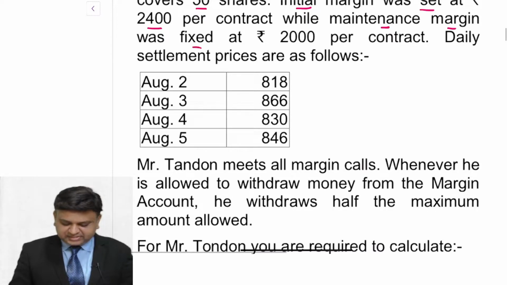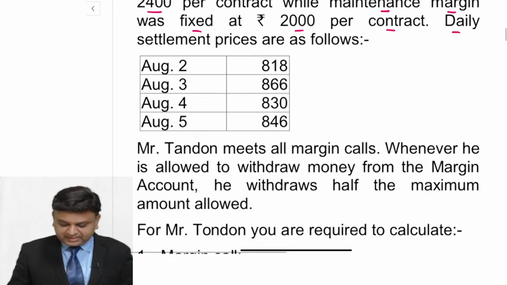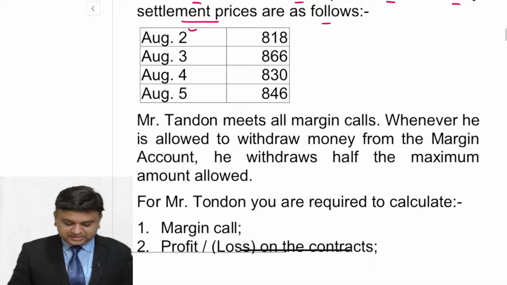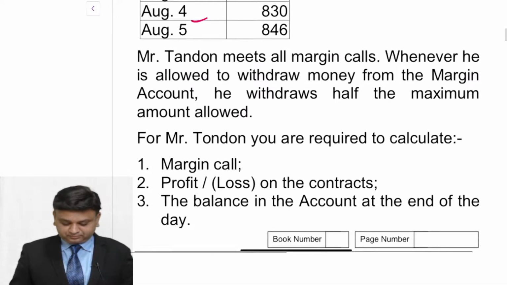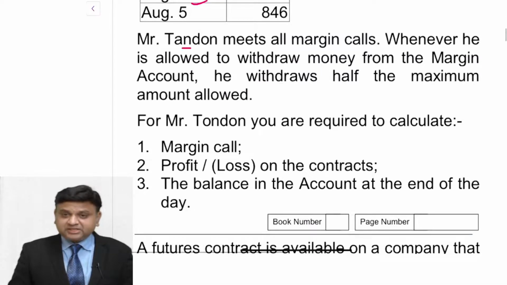Maintenance margin was fixed at the rate of 2000 rupees per contract. Daily settlement prices are as follows, starting from 2nd to 5th. Mr. Tandon meets all margin calls. Whenever he is allowed to withdraw money from the margin account, he withdraws half the maximum amount allowed.